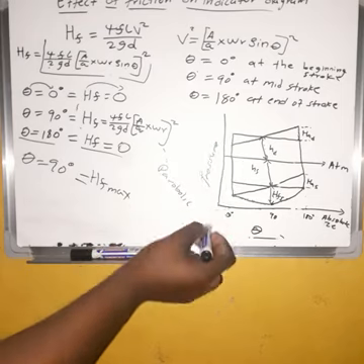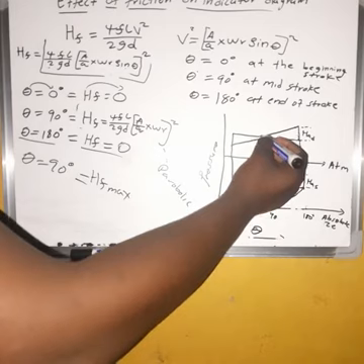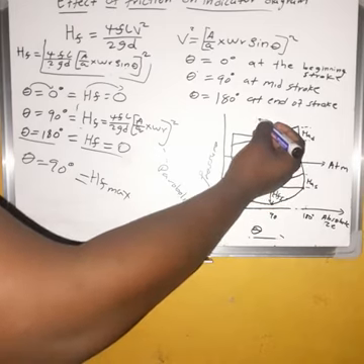Also, we know here we'll have a dot 0. Same thing, when it's 90 here, we'll have a maximum somewhere here.